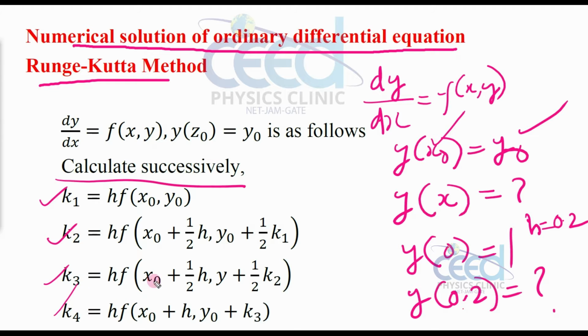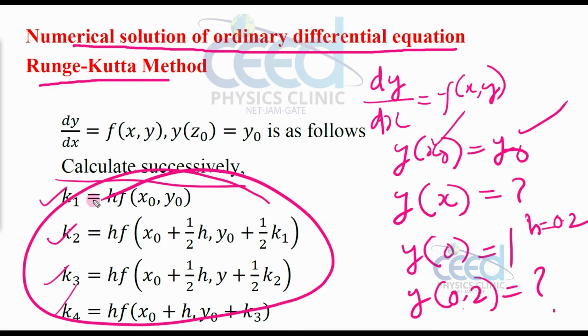And k3 is equal to h f of x0 plus h by 2, y0 plus k2 by 2, and k4 is equal to h f of x0 plus h, y0 plus k3. So here you can see a pattern. You have to remember these values k1, k2, k3, k4 by heart, and then we need only the substitution in the question.